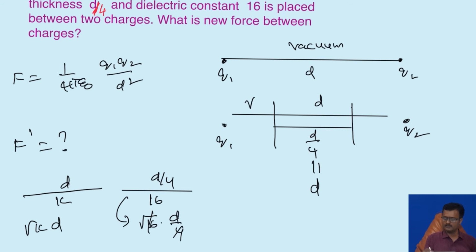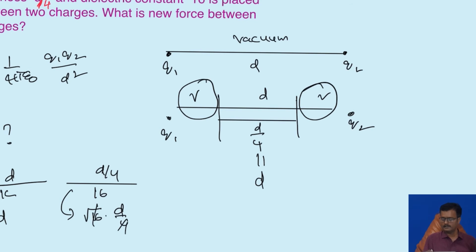What is this distance? Total distance is d, the medium occupies d by 4, so the remaining vacuum is 3d by 4. So this is 3d by 4 vacuum distance, and we again got the equivalent vacuum distance, that is d.